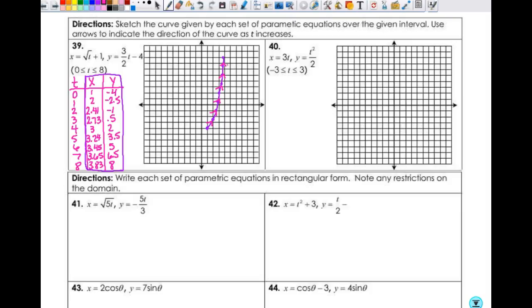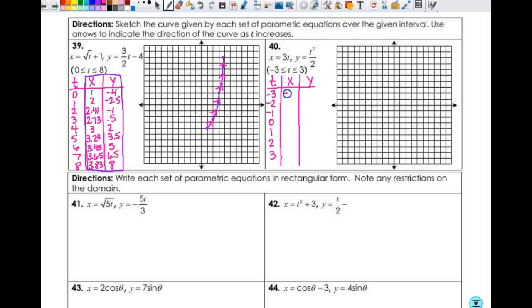Okay. All right, so then number 40, same thing. We start with t to get x and y. T goes from -3 to 3, so -3, -2, -1, 0, 1, 2, 3. Substitute those in, so I substitute these t values in here.